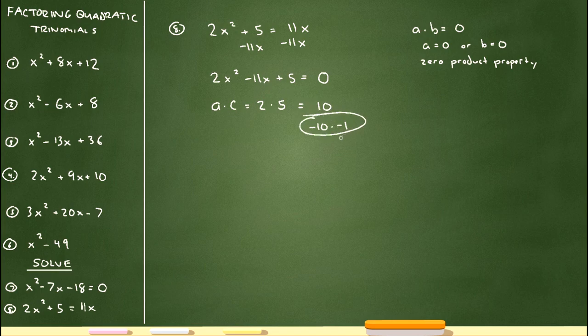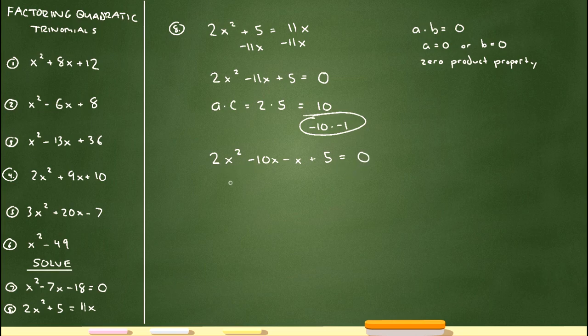So these are the factors that I want. Now I'm going to rewrite the statement, 2x squared, but instead of writing negative 11x, I'm going to write negative 10x and negative x. I'm saying negative 1x, but you don't need to put the 1, right? Just negative x, and then plus 5. And this is still equal to 0.